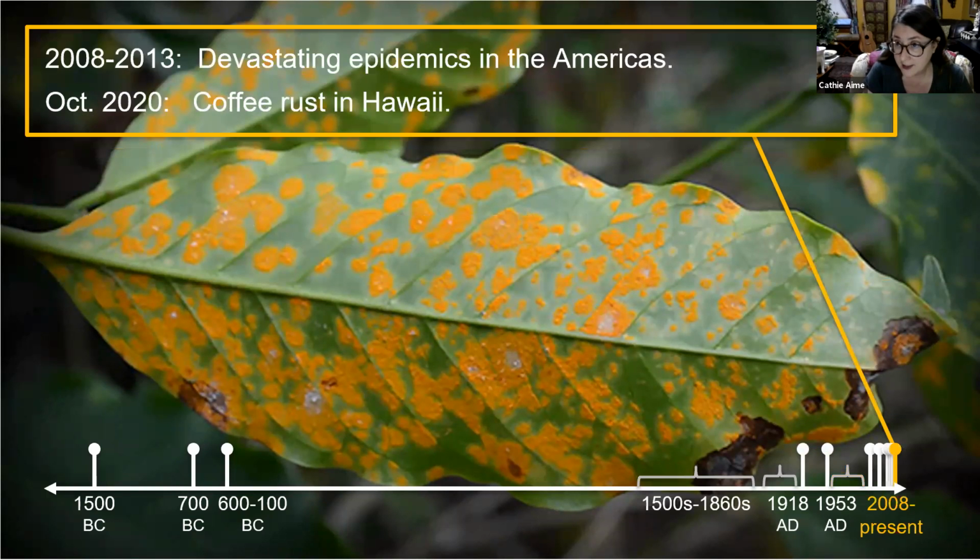So in 2008, we get the first reports in Central America that coffee rust is causing epidemics like what was happening in Sri Lanka 100 years earlier, that coffee farmers were not able to keep a plant alive, that it was just blowing through and taking out everything. And the worst of this happened in 2012 in places like Honduras and Guatemala, all those places that were already seeing some socioeconomic stress.